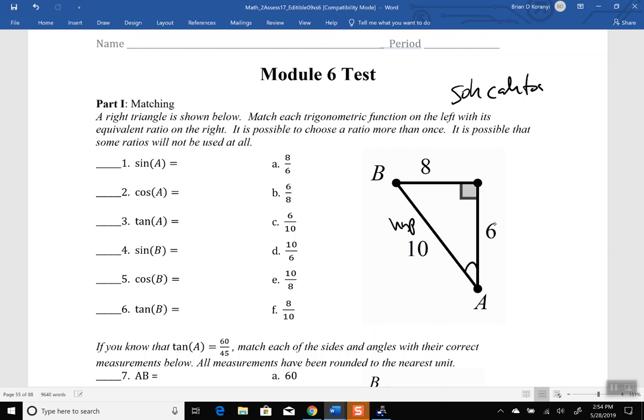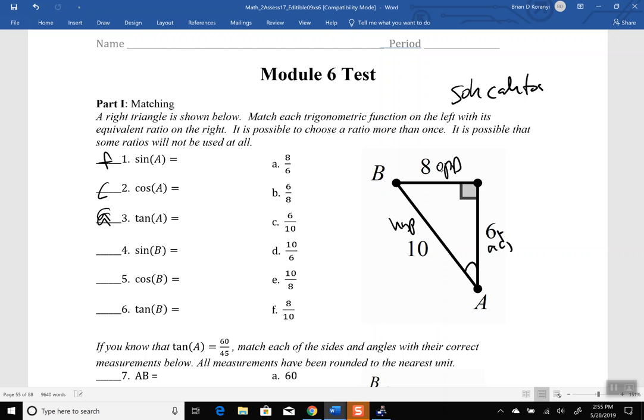So opposite over the hypotenuse would be 8 over 10, so that would be F. Cosine of A, the adjacent, the side next to it, over the hypotenuse, so 6 over 10, so that would be C. Tangent of A is going to be opposite over adjacent, so 8 over 6, so that's going to be A.